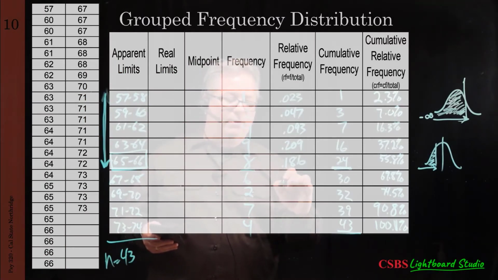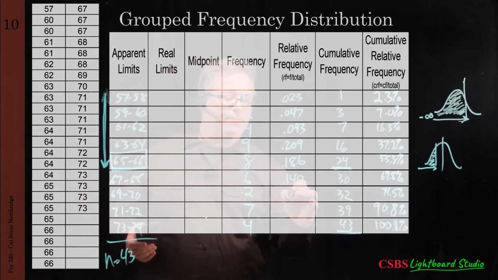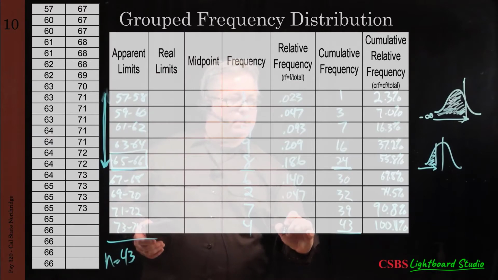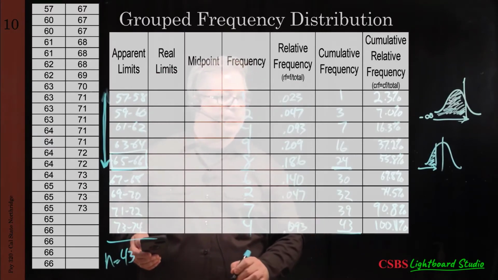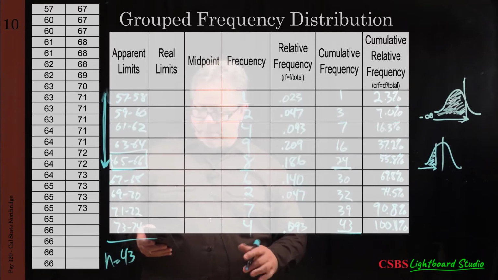This means technically this rounds to 0.140. And then 2, I already did that, it's 0.047. 4 I did just 0.093. And then 7 divided by 43 equals 0.163.